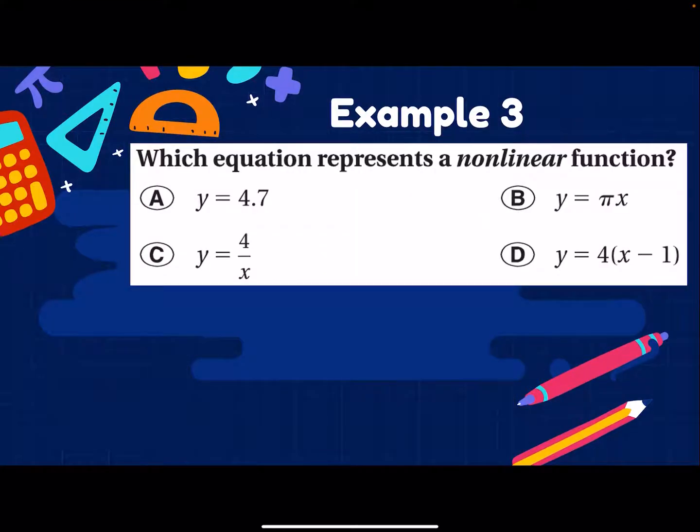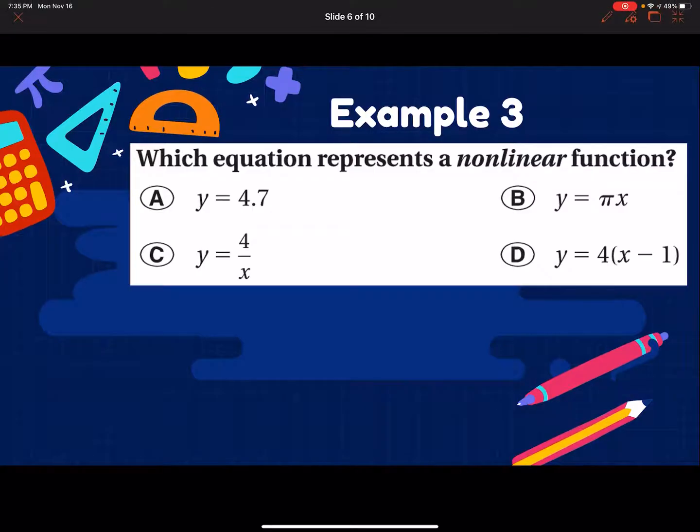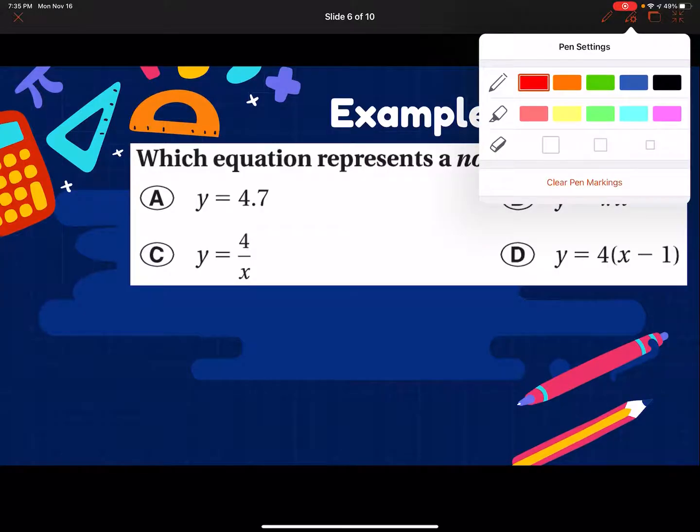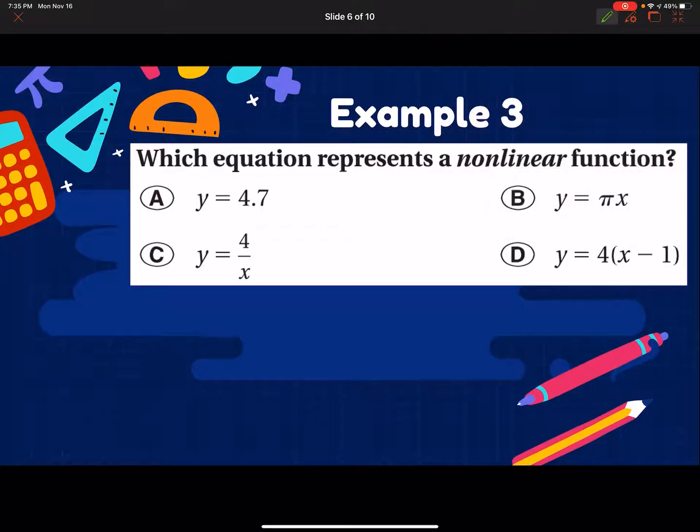Okay, now let's talk about equations. So example 3 says, which equation represents a non-linear function? Now, if you will recall, we can graph a linear function with the equation y equals mx plus b, so slope-intercept form.